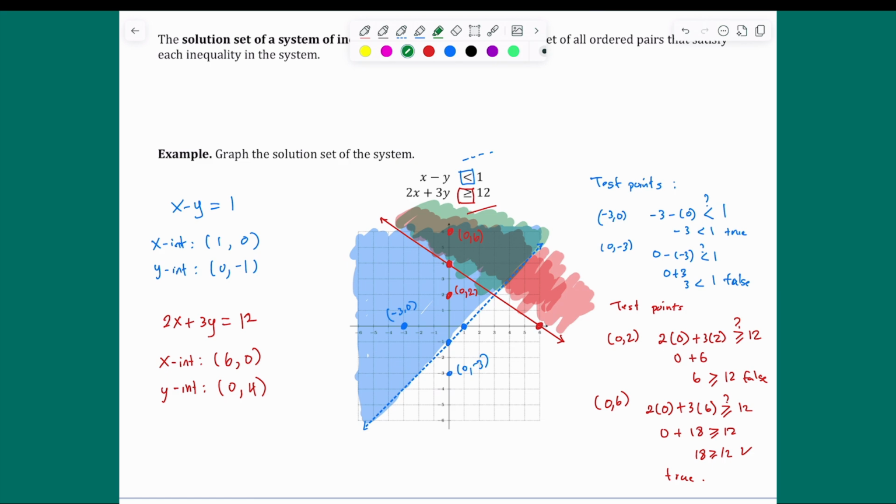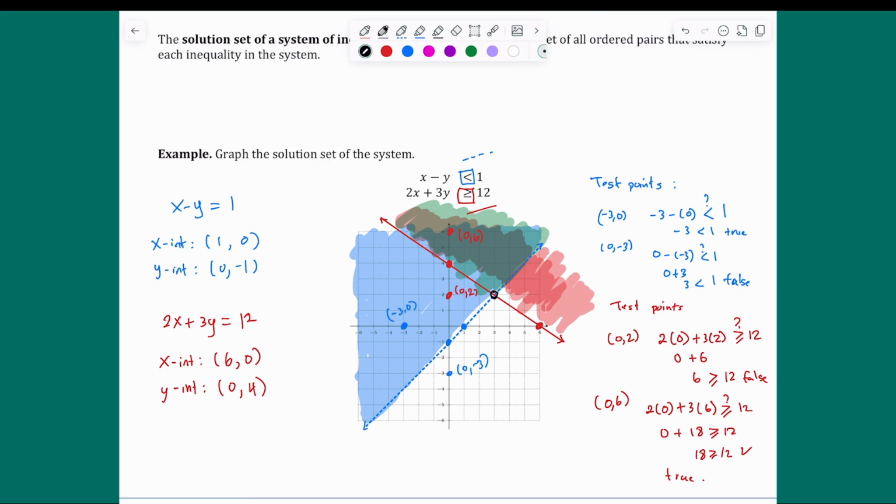All the points on the dotted blue line will not work, and the point at the very intersection where they meet will not work. It only works on the solid red part of the line, not on the dotted line, and everything surrounded and going upward there is shaded in green.